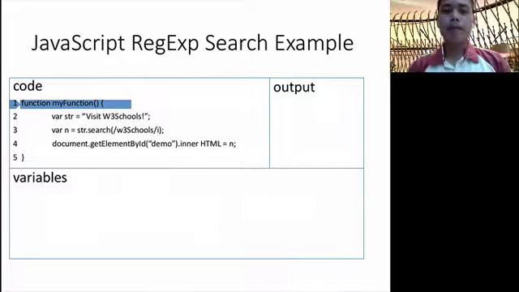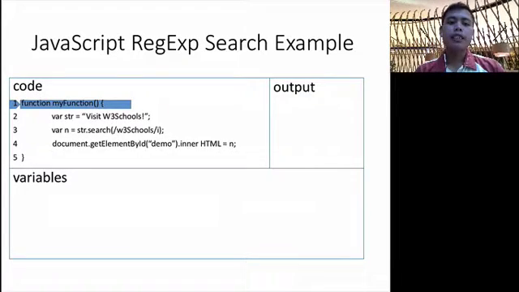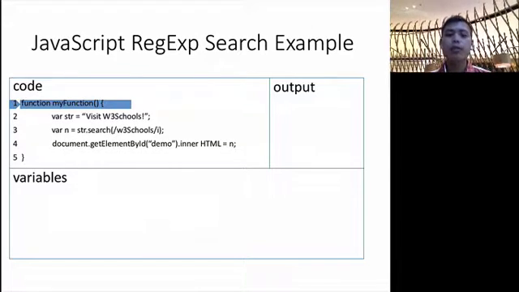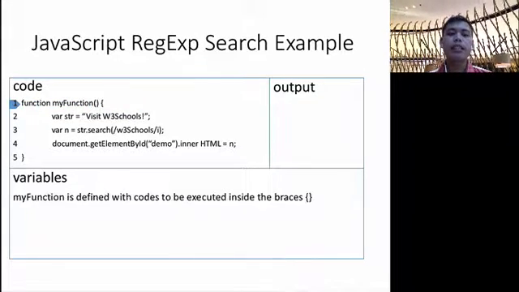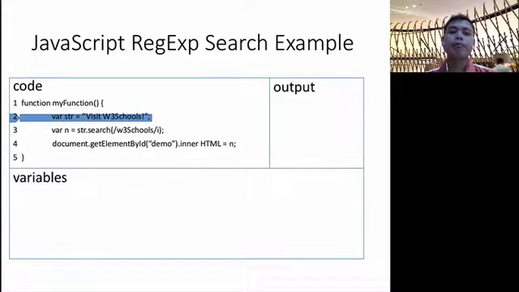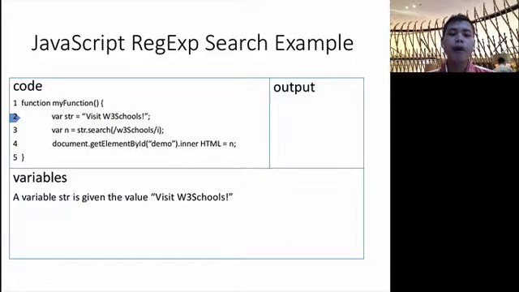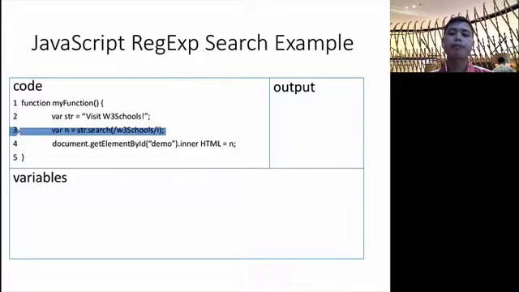Let's go with an example for regular expression search so that we can better understand this. There are 5 lines in the code. In the first line, we see myFunction(), which means that myFunction is defined with code to be executed inside the curly braces. In line 2, a variable str is given the value "Visit W3Schools!".